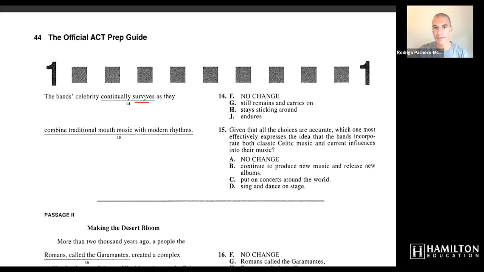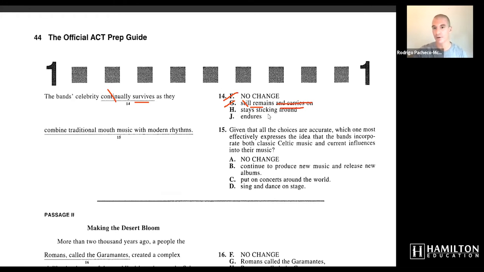This here is redundant because to say that it survives suggests that this is continual. So this modifier here is unnecessary. Still remains, that works, although perhaps still here might be redundant, and carries on. So the second bit here certainly makes G redundant.